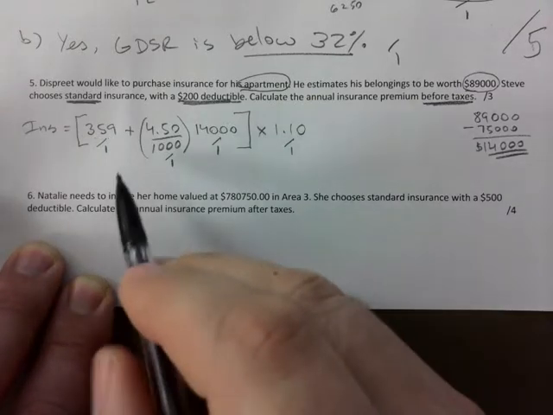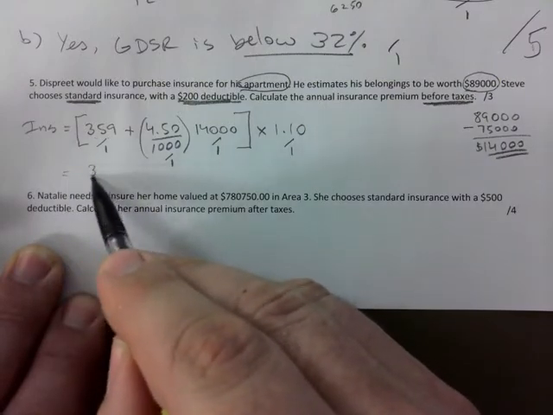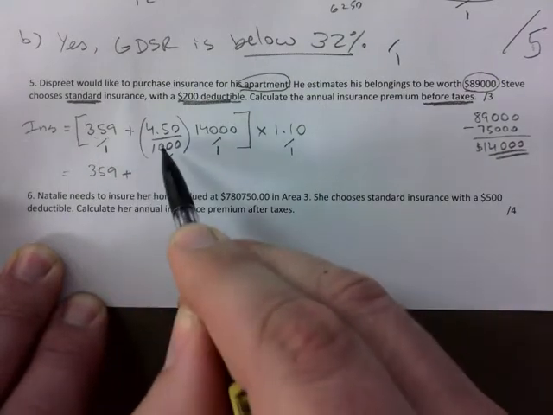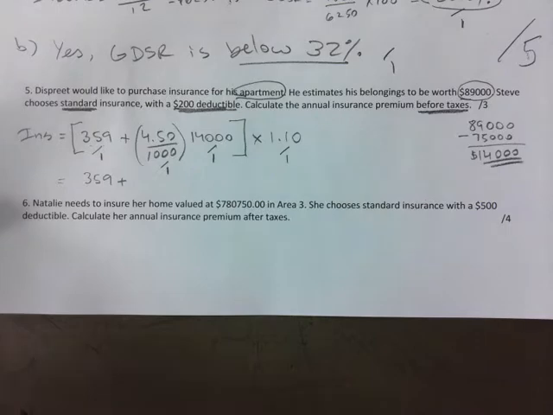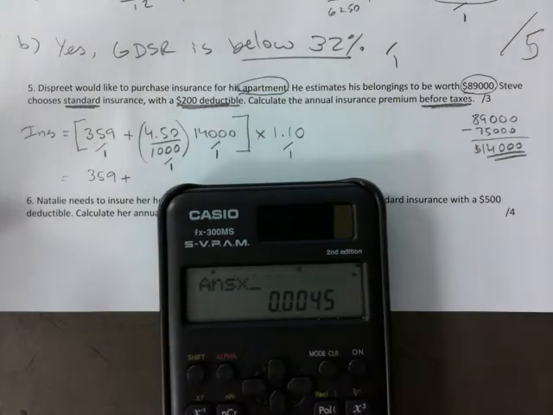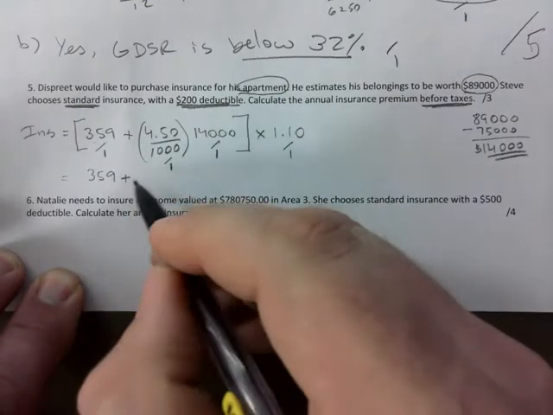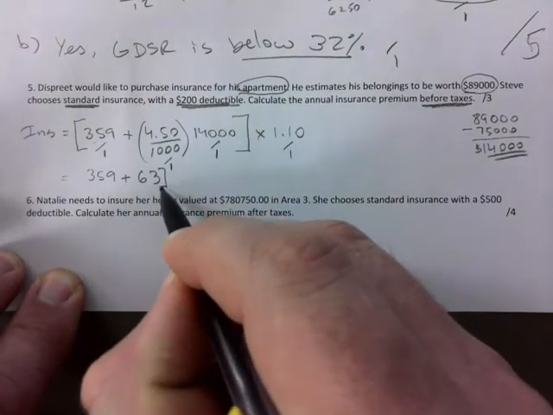Okay, so you need to clean this up. So 359 stays, plus you figure out what this is, right? So you go 450 divided by 1,000, times 14,000. That's 63 bucks additionally that you're going to have to pay. Make sure you put brackets around it.